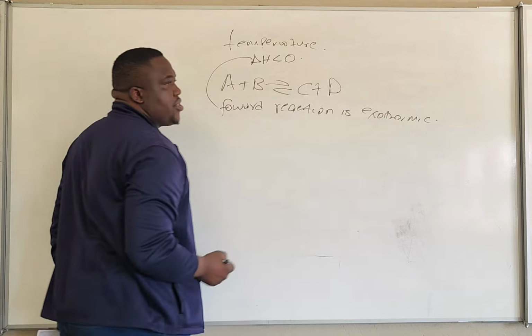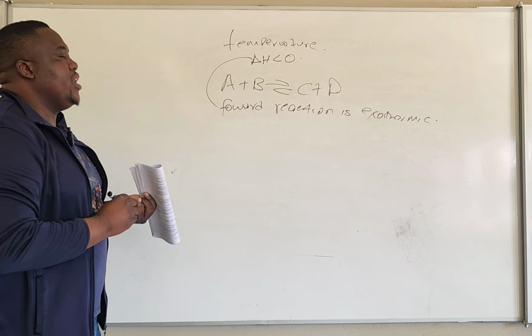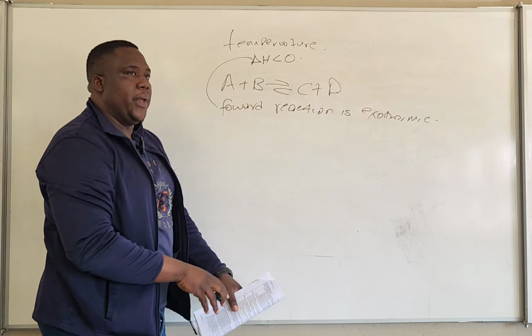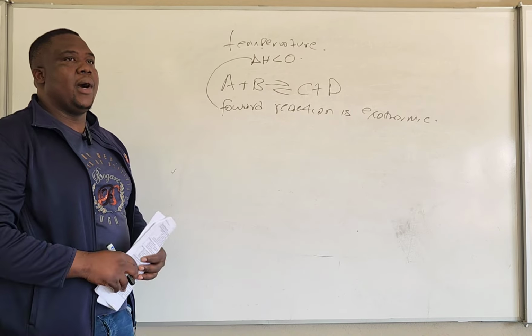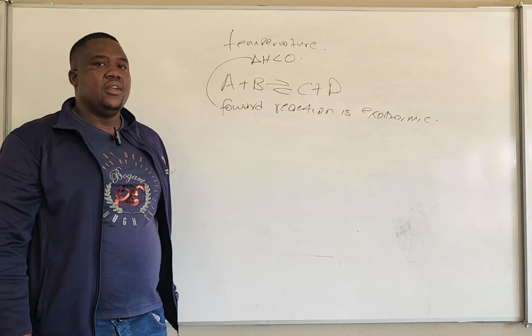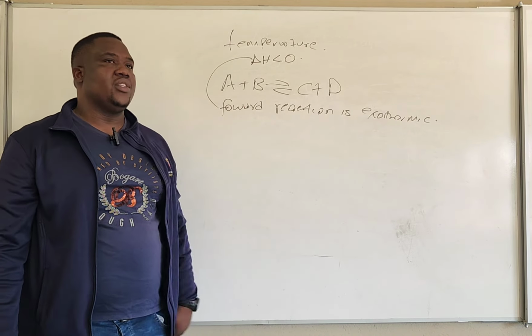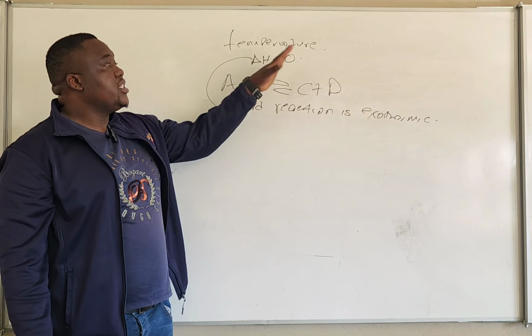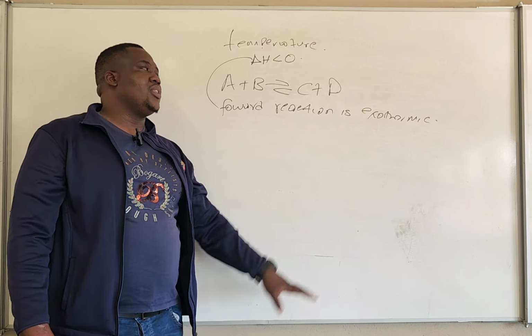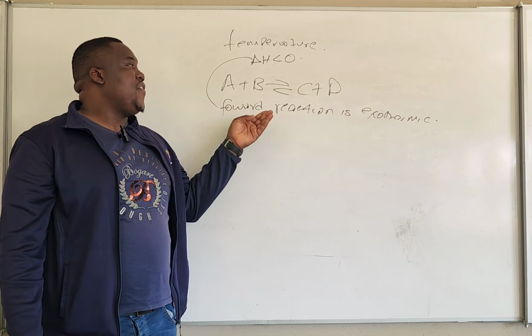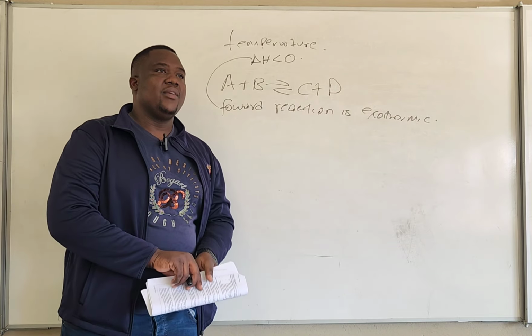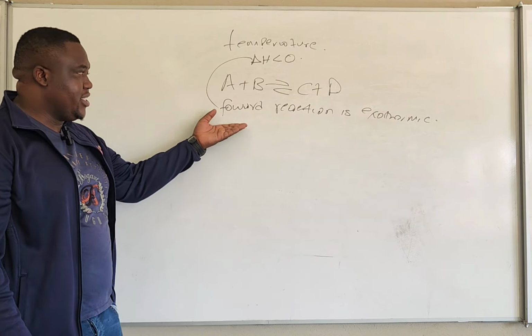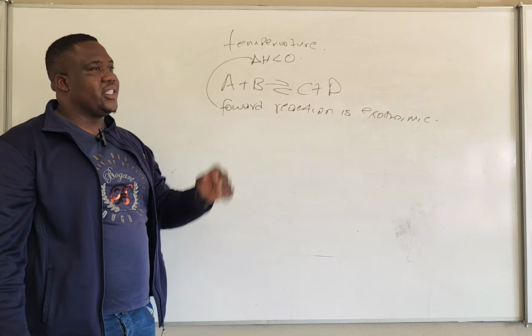I told you that when they indicate the enthalpy, this enthalpy talks about the forward reaction. So this forward reaction is exothermic. This representation addresses the forward reaction. So in this case, the forward reaction is exothermic. So ladies and gentlemen, let's say we have this situation, delta H is less than 0.